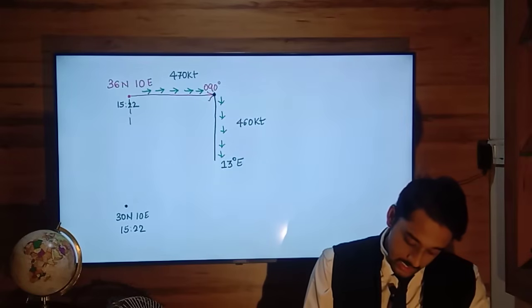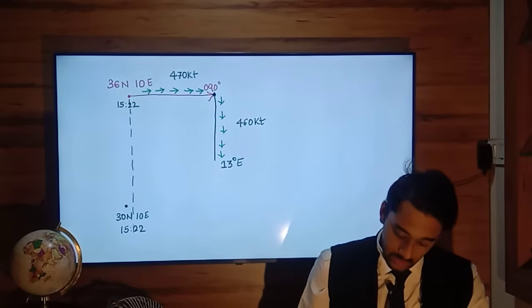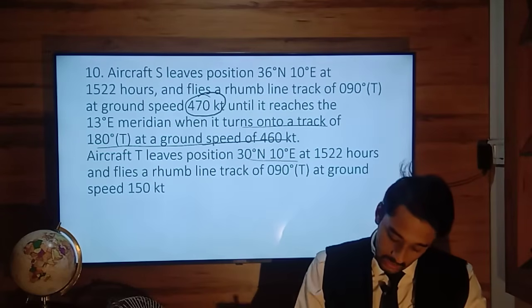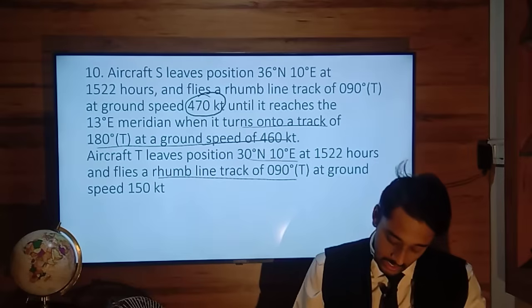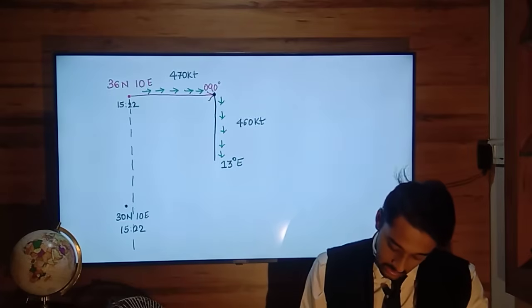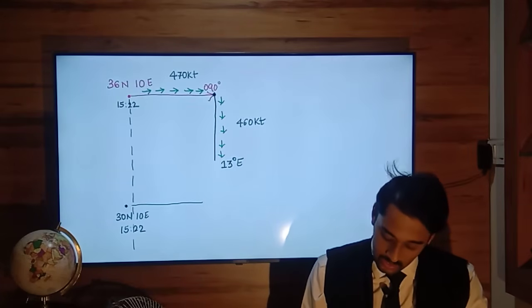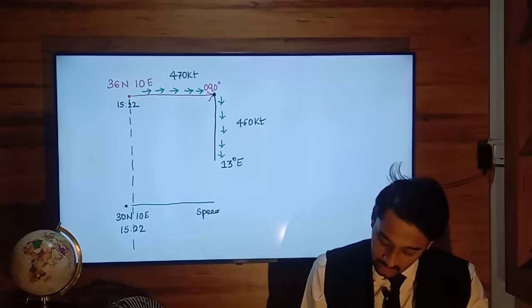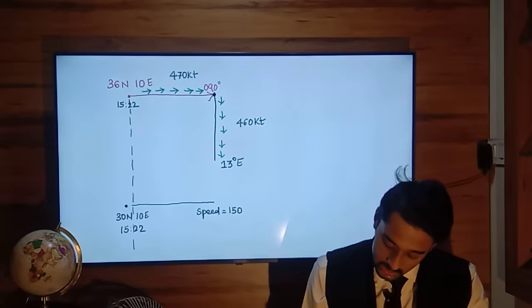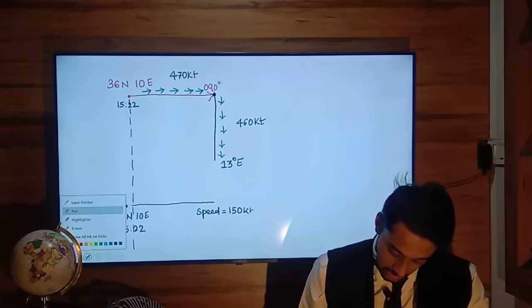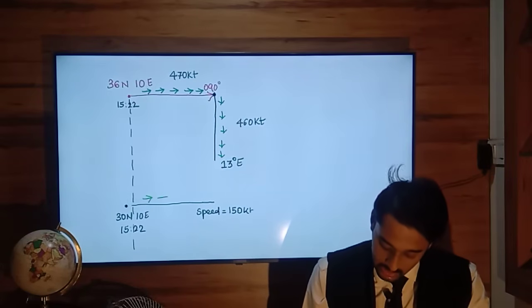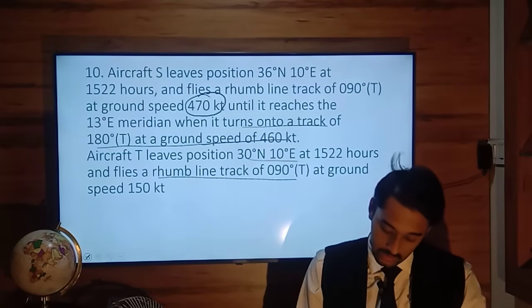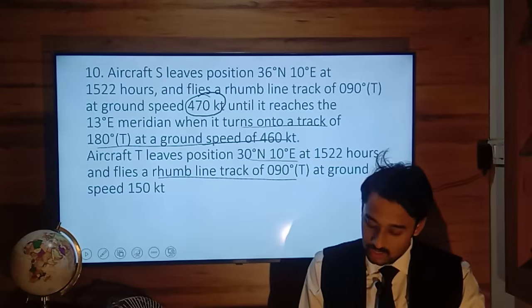The meridian is the same, which is 10 degrees east. And it flies a Rumline track of 090 at a speed of 150 knots.